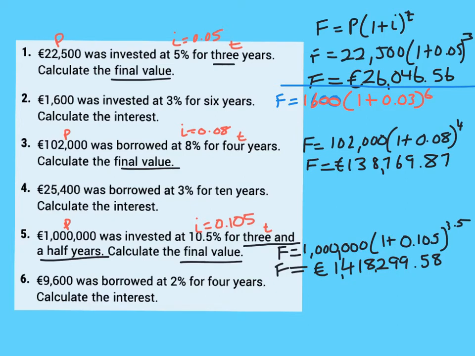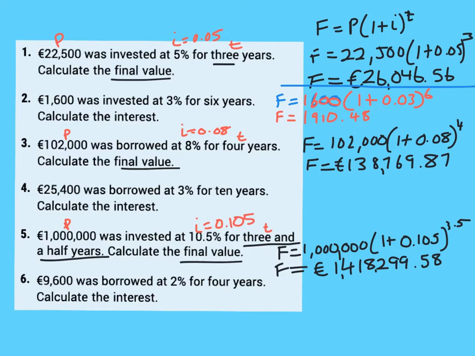So if I pop that into my calculator, I get 1600 bracket 1 plus 0.03 to the power of 6, and I'm going to get F equals 1910.48. Okay, so it's a long number, but 48 will do.